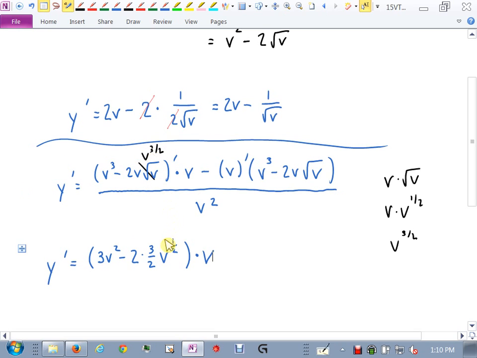Subtract 1 from 3/2, you get 1/2. Then times the first one. Then minus. What's the derivative of v? 1 times this. So I'm going to leave it in parentheses, v cubed minus 2 v root v all over v squared.